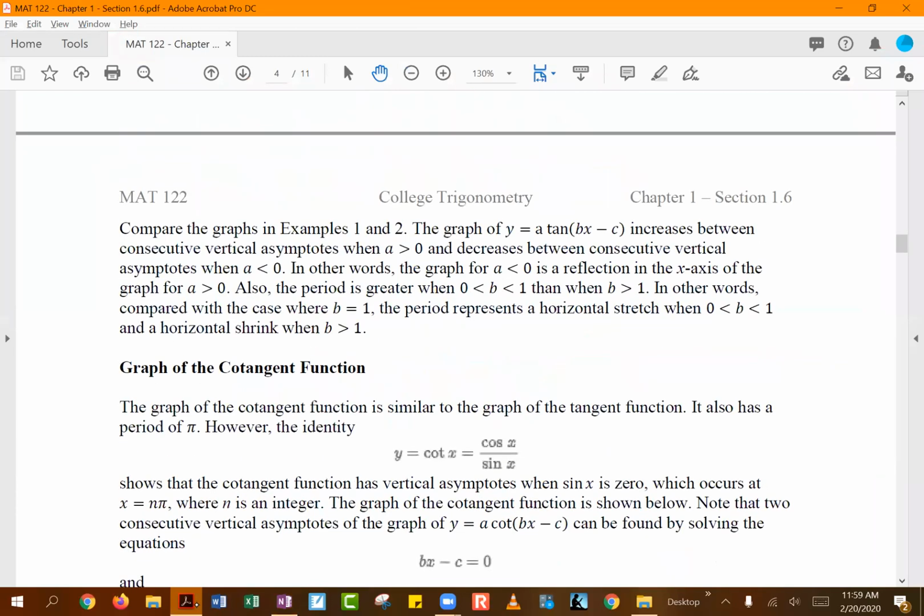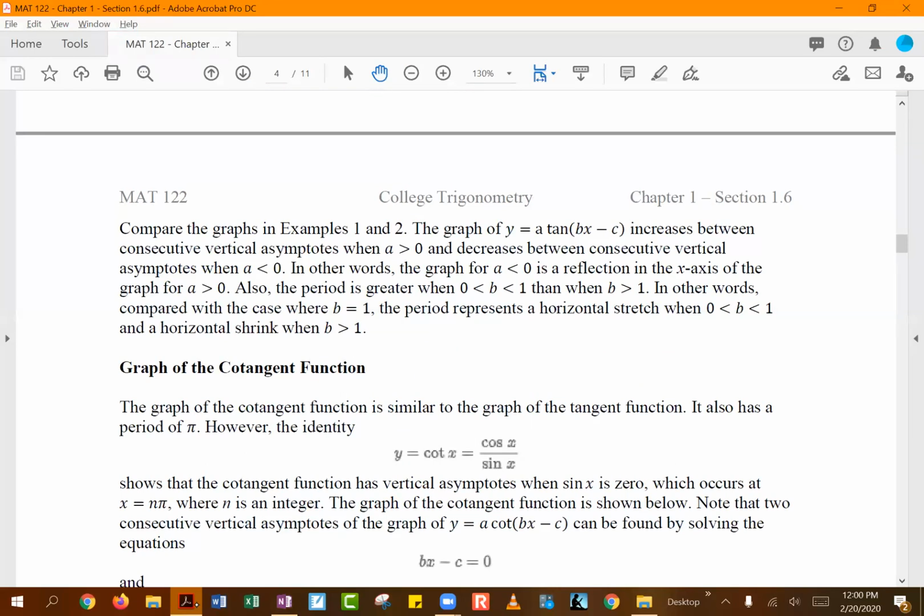So they're talking about comparing the graphs in examples 1 and 2, and basically it's talking in terms of what happens when your b value is between 0 and 1, and what happens when your b value is greater than 1. In the examples we did, you did a tangent of x over 4 or tangent of 2x.